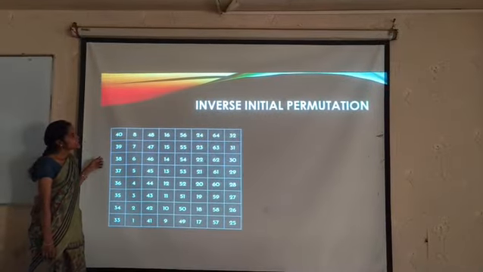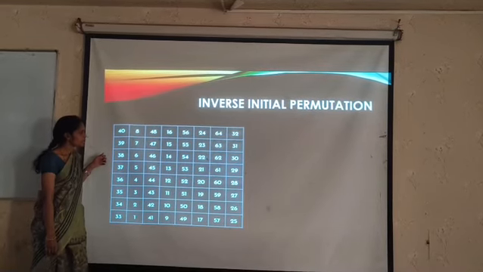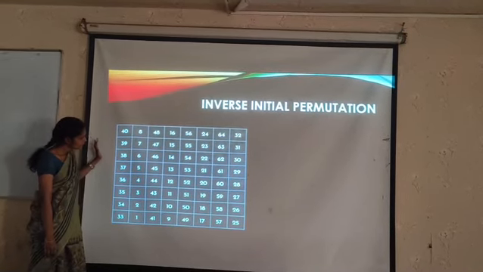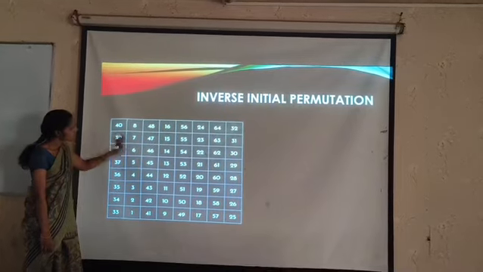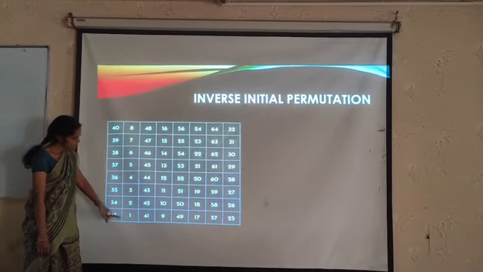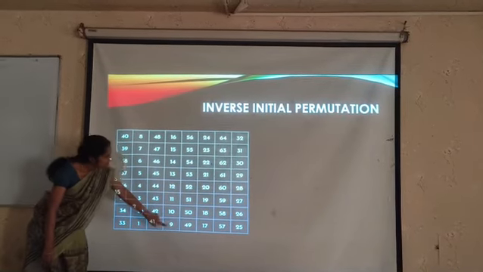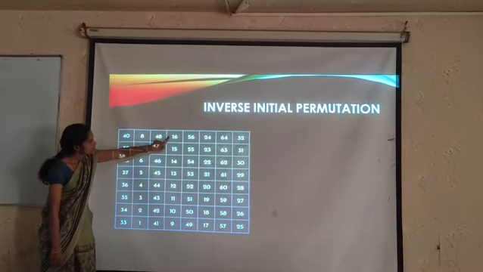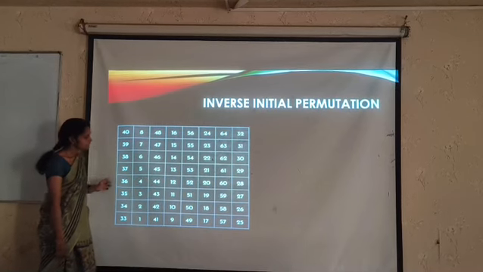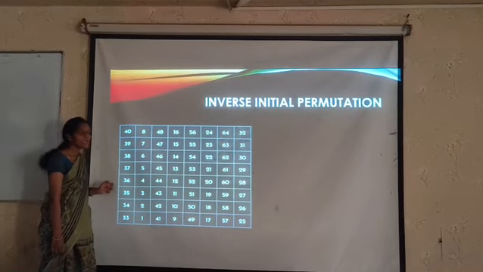This is about inverse initial permutation. In inverse initial permutation, the position of the bits will change like this: 1, 2, 3, 4, 5, 6, 7, 8, and 9, 10, 11, 12, 13, 14, 15, 16. Like that, the position of the bits will be arranged.